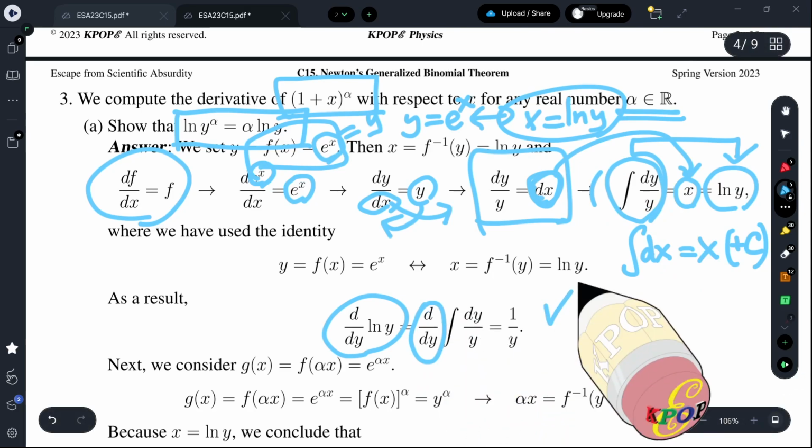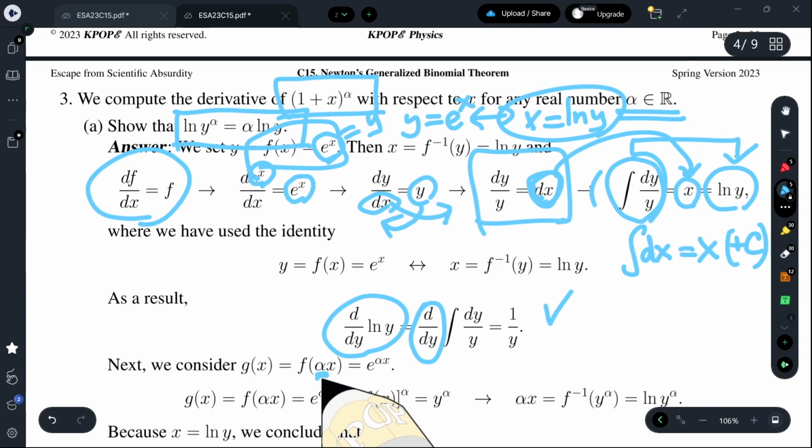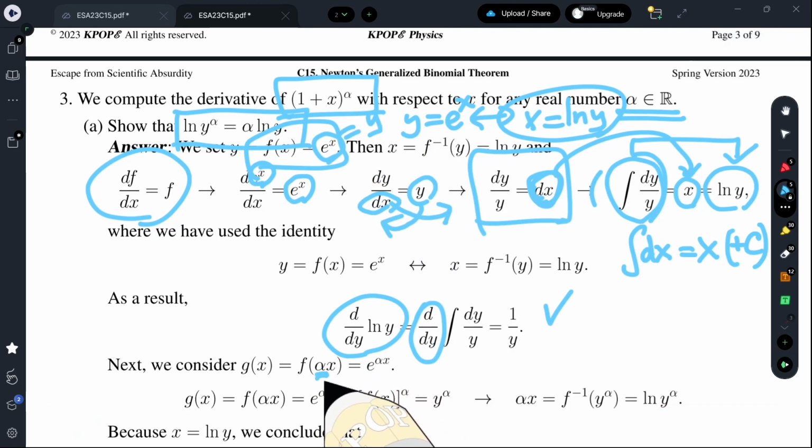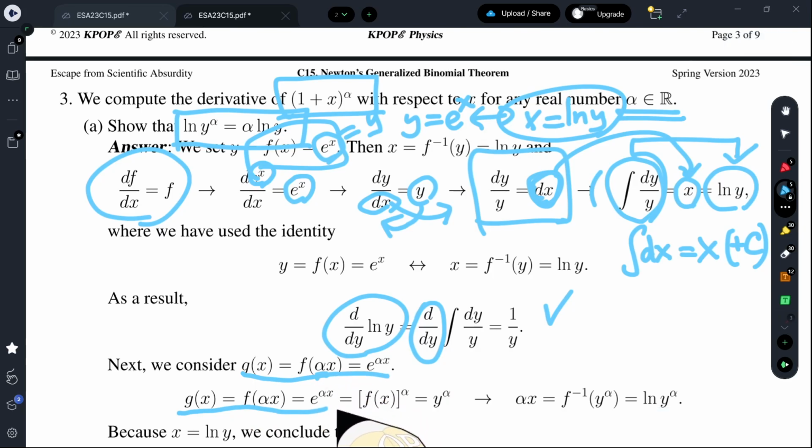All right. Then, if we consider a g of x that is identical to the exponential function, except that we have a rescaling factor alpha on the argument x, so this is exponential alpha x. So this is nothing but this. And why don't we make use of the law of exponents?